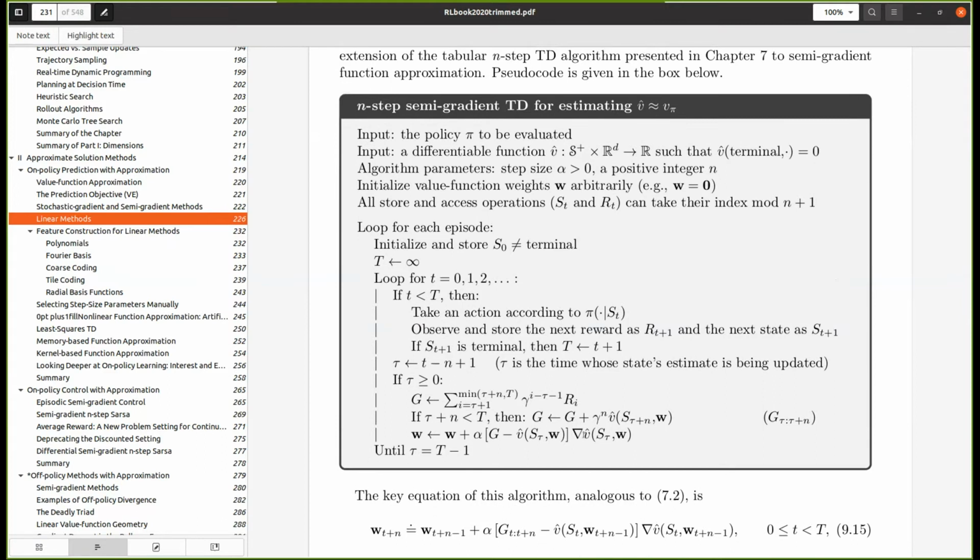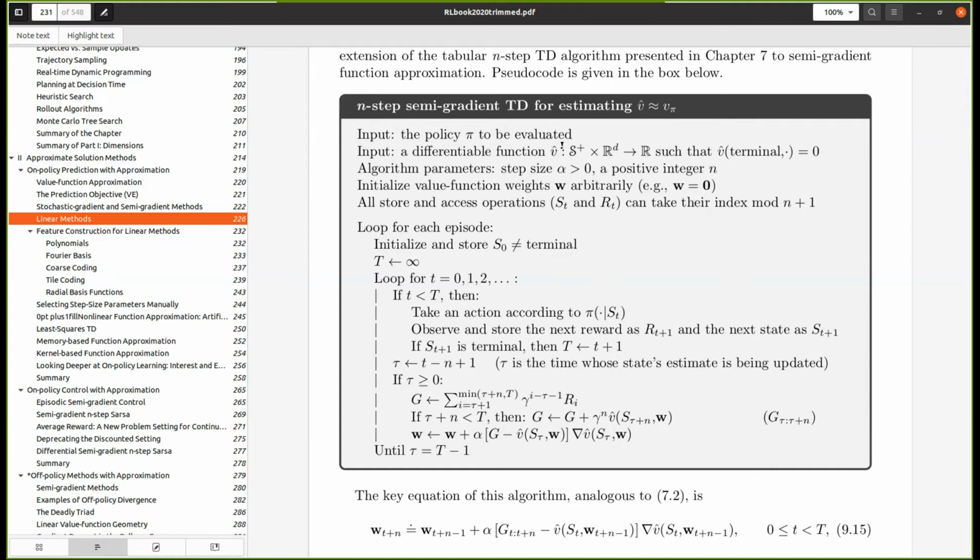Yes, see, the second line says that v hat is the estimate of the state value, isn't it? No, second line from the top, where it says input a differentiable function.